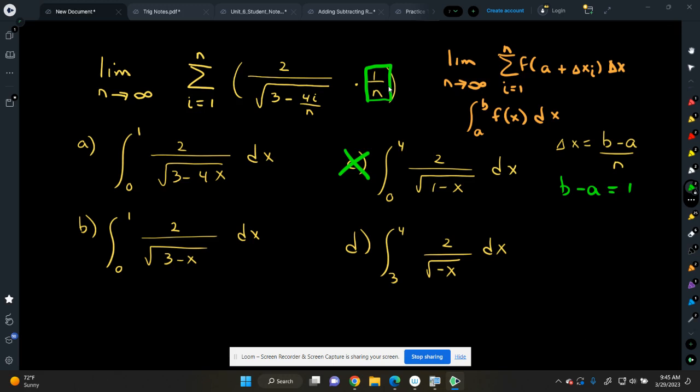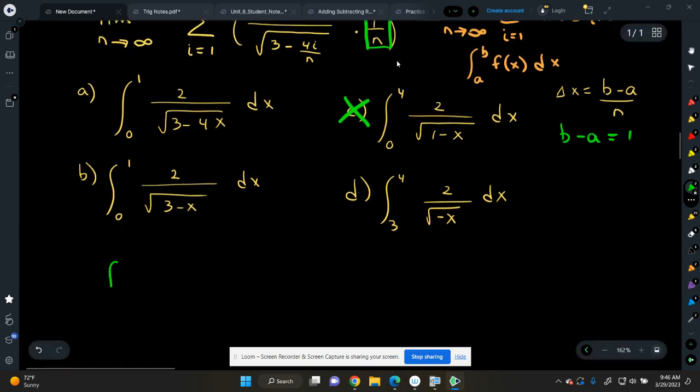Why? Because you'd be at 3, so it's not in the change. Yeah, so I'm looking for, at this point, what's my f of a plus delta x i? That's 2 over the square root of 3 minus 4i over n, right?